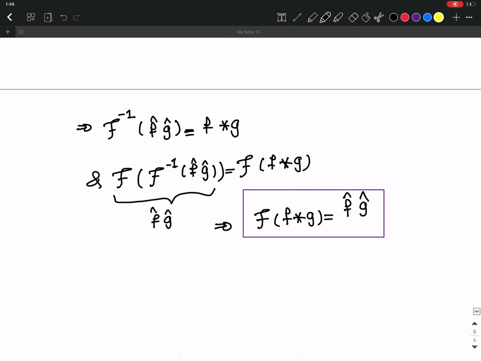So this tells us that integration in x space, which can be hard, right, or regular space, becomes multiplication.